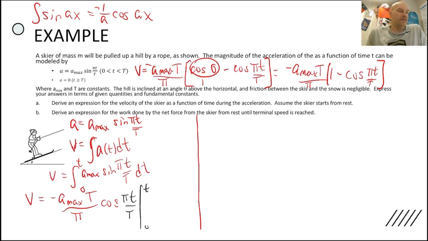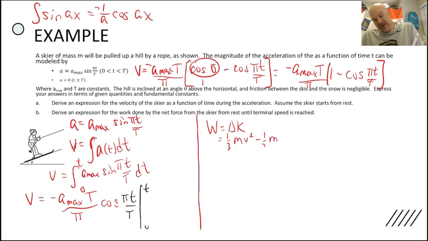Now we're going to figure out the expression for the work done. So work equals delta K. And we know it's going to be 1/2 m v final squared minus 1/2 m v initial squared. Well, starting from rest, that goes away.